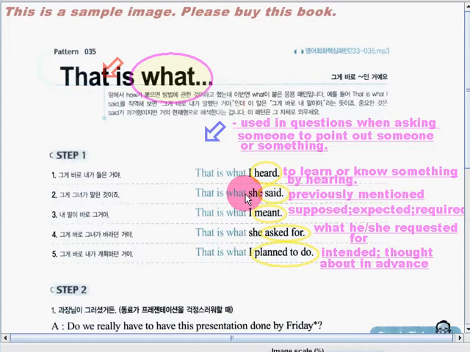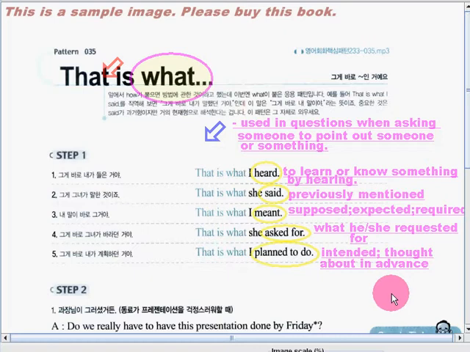How about number 4? That is what she asked for. Ask for means what he or she requested for. So you are pointing out what that person requested for. Number 5, that is what I planned to do. When you say plan to do, that means intended or thought about in advance.